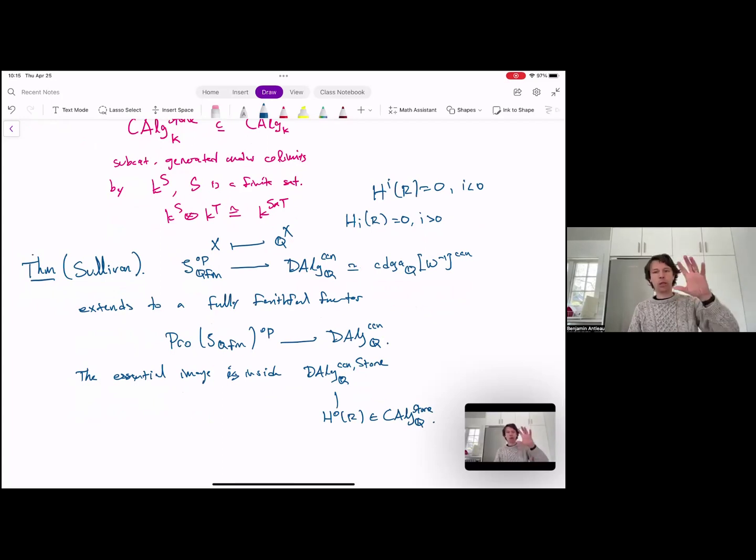So I'm saying two things: that this functor is fully faithful, and I'm also restricting the target, the place where it can land, to CDGAs or E infinity Q algebras where additionally the degree 0 cohomology ring is Stone.